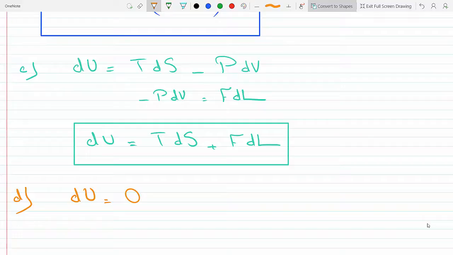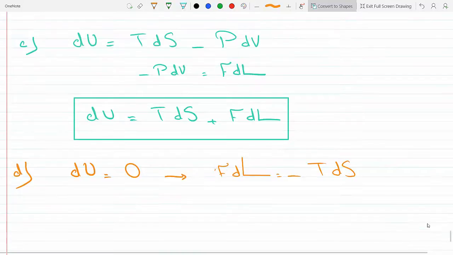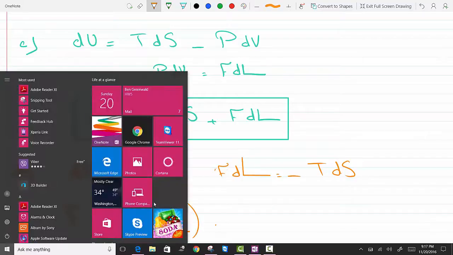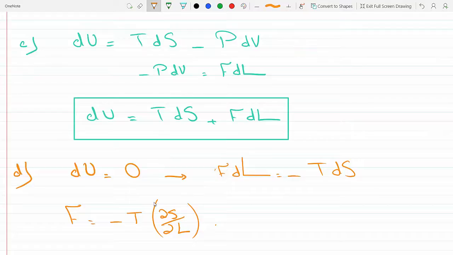If I plug it into the thermodynamic identity, I get F dL equal to minus T dS. So F will equal minus T dS over dL. I could take this to be a partial derivative now, holding the internal energy constant, since the internal energy is not changing.